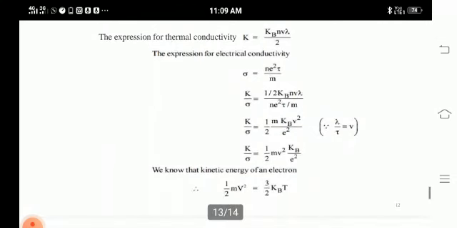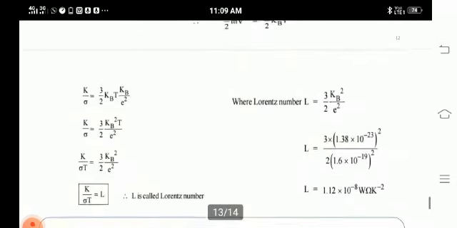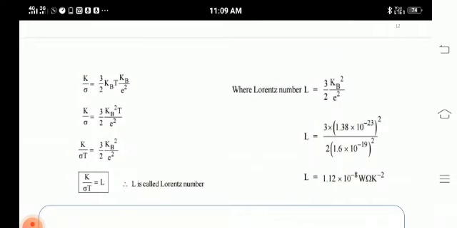Substituting and simplifying, we get the Wiedemann-Franz law: K by sigma T is equal to 3 by 2 kB squared by e squared. Here the constant term kB squared by e squared is taken as the Lorentz number, so the Lorentz number is 3 by 2 kB squared divided by e squared.